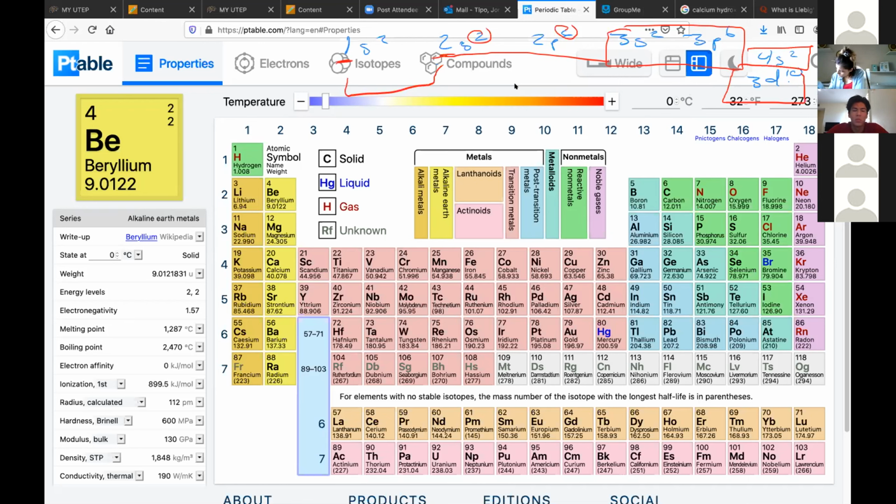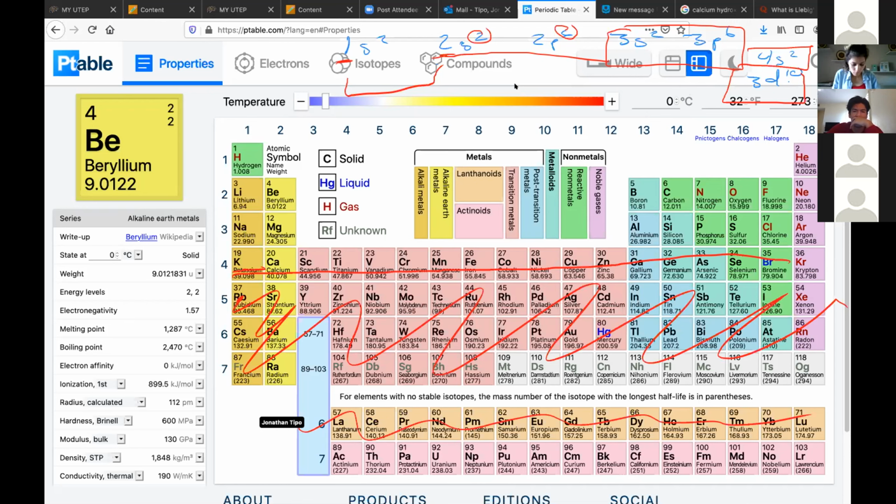And then the 4th has 8. For what you need to know on the exam, yes, the fourth shell has 8. I don't think you're going to be covering all of this. The fourth shell doesn't have 32.